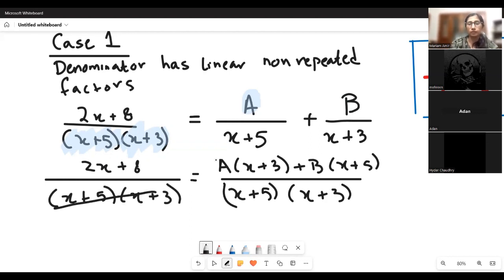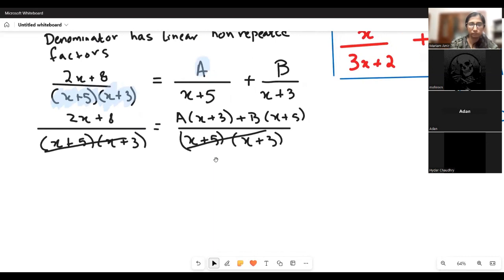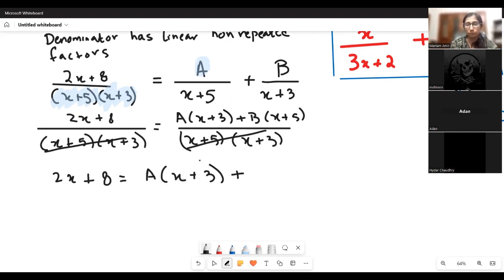Now we can cancel the denominators and we're just left with 2x plus 8 equals A times x plus 3 plus B times x plus 5. Now I need to find the value of A and the value of B using substitution.